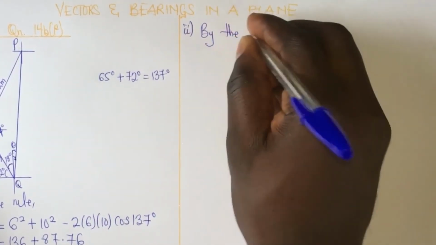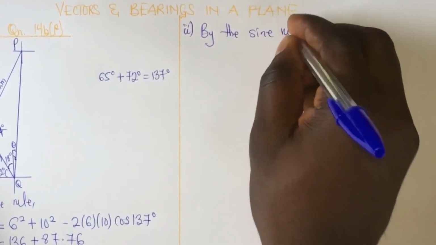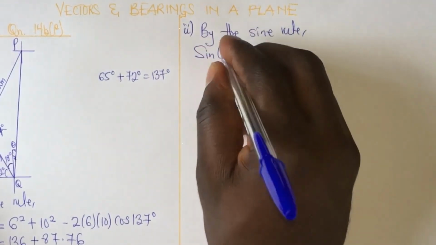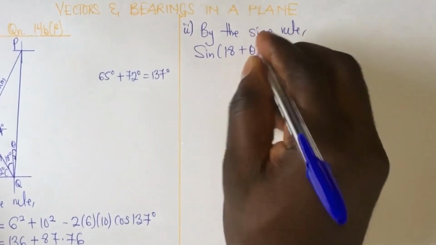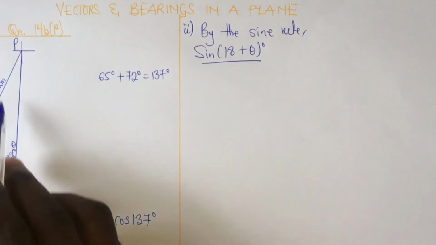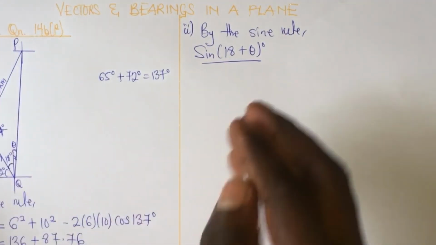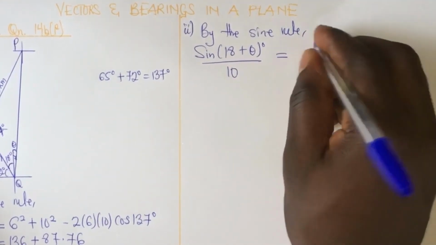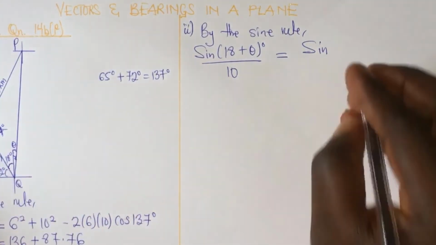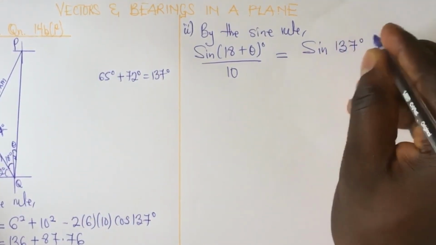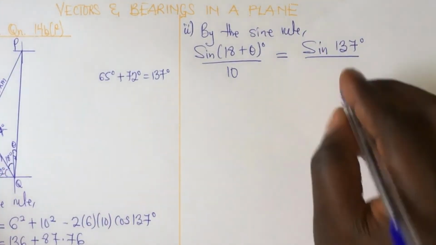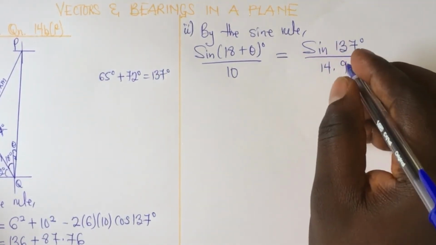By the sine rule, the sine of 18 plus theta, all in degrees, divided by the side opposite, which is PX, 10 kilometers, is equal to the sine of the angle 137 degrees, and its opposite side is PQ, and it has a value of 14.96.